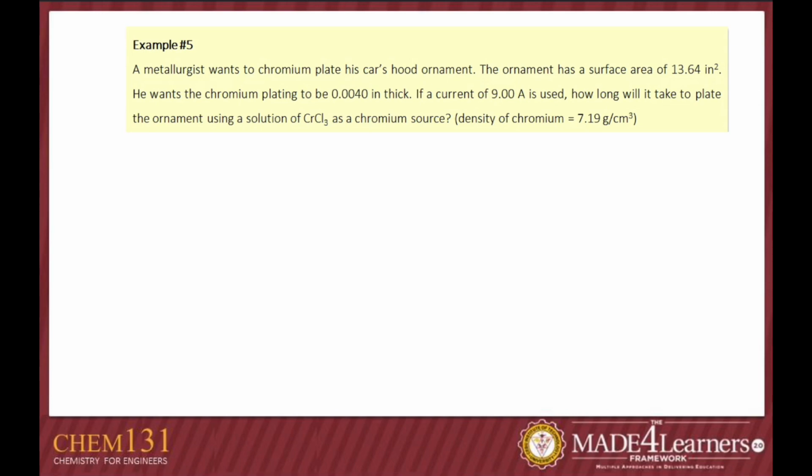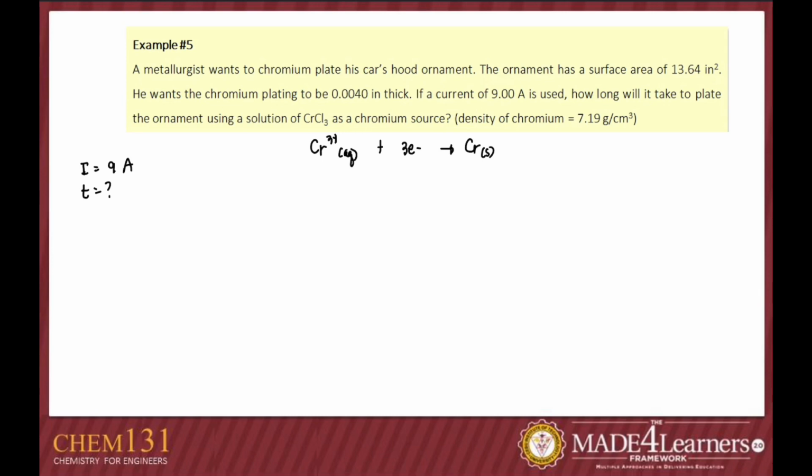So for the plating of chromium, the half reaction here is Cr3+ plus 3 electrons to produce chromium, a solid. And we are given the current, that's 9 amperes. And we are looking for the time it would take to plate.